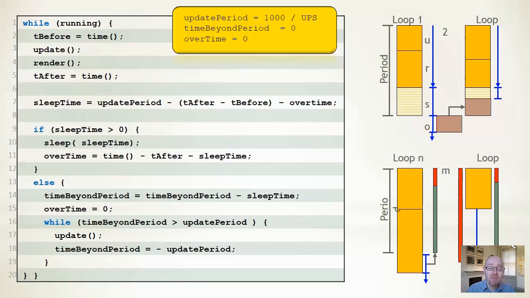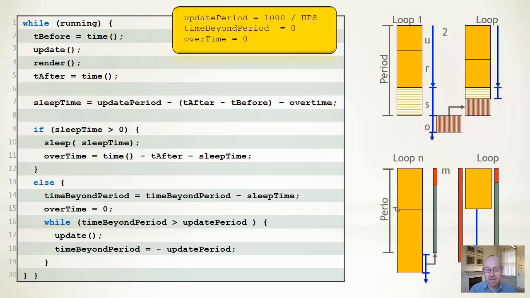Line 16 is the important one. This says that whilst the time beyond period is greater than the update period, in other words, if we get sufficiently far behind ourselves, so we're lagging behind, that it reaches the period that we normally would want to do an update within.